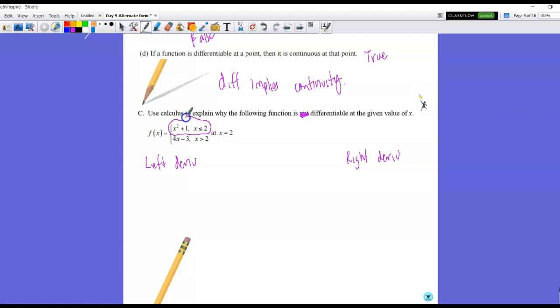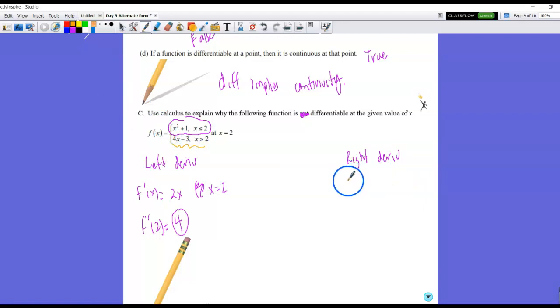So the left derivative would be governed by this piece according to the piecewise, because remember, that's to the left of 2. So when I find the derivative on the left side, f prime of x, if I find the derivative of x squared plus 1, I get 2x, and I'm going to evaluate that at x equal to 2. So f prime of 2 is 2 times 2, which is 4. So the left derivative is moving me towards 4, and then the right derivative would be this piece over here, 4x minus 3.